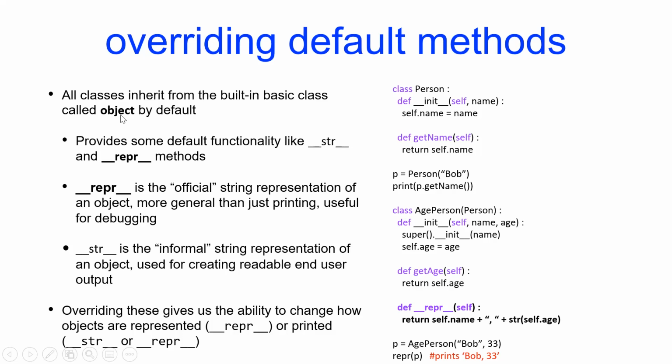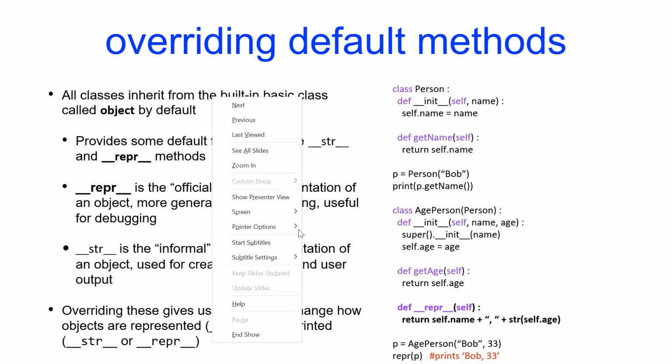But you can choose to override. Once you override it, then your method becomes this child-specific one. So basically the representation, the rep, is the official string, and then this underscore string is an informal string.